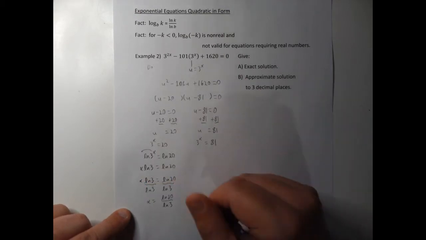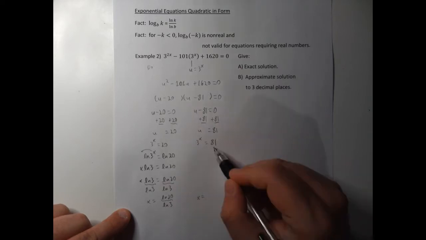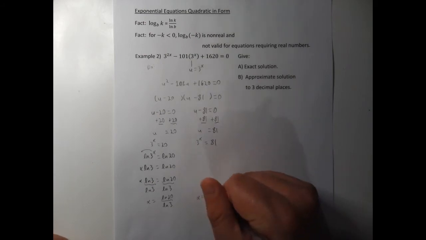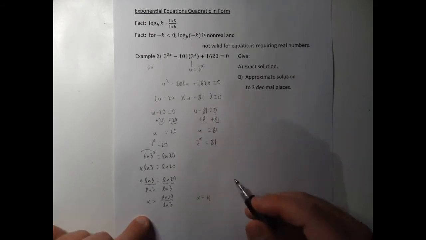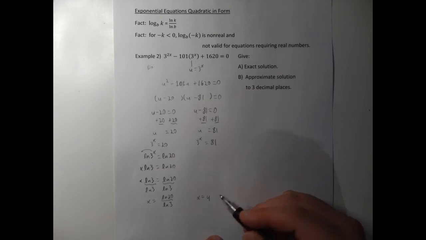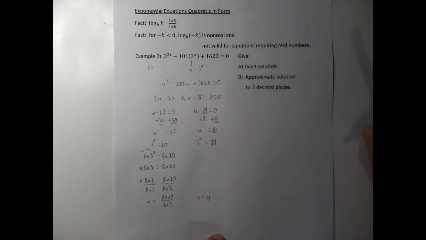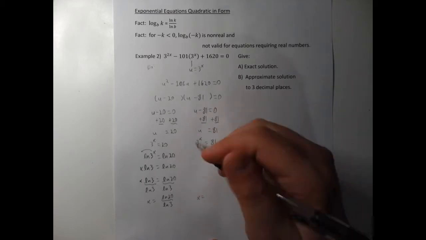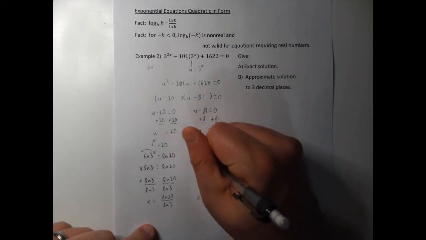Now, I've just had this discussion about this one. 3 to the 4th is 81, so x has to equal 4. But let's say we need to see that with logarithms. Okay, we'll do it with logarithms. Natural log again.